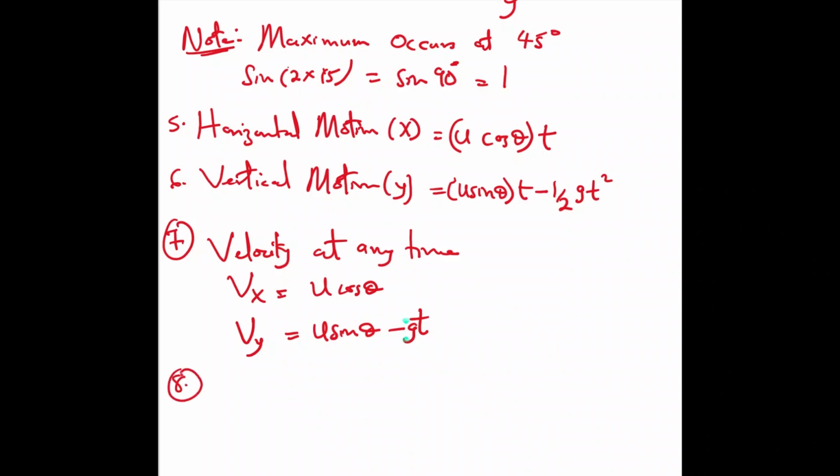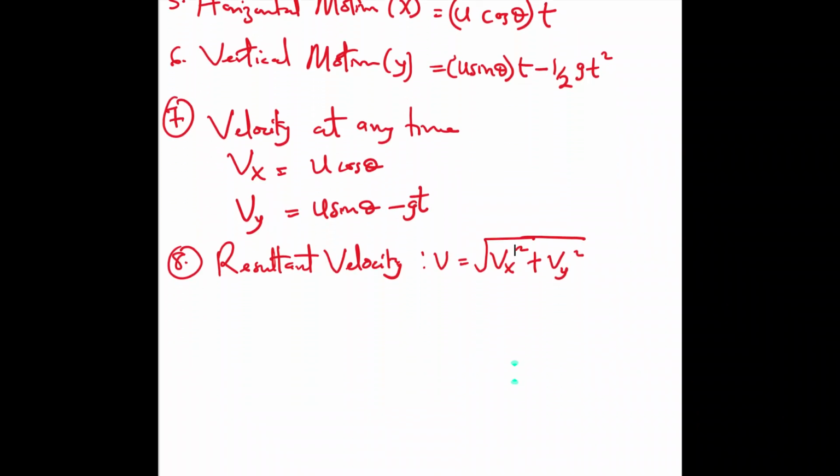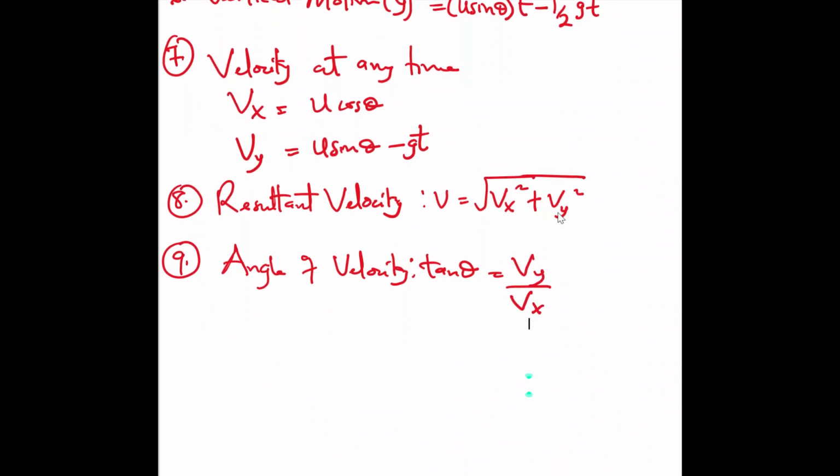If you are asked to find the resultant velocity, the formula is v equals the square root of vx squared plus vy squared. Also, if you are asked to find the angle of velocity, tan theta equals vy over vx.